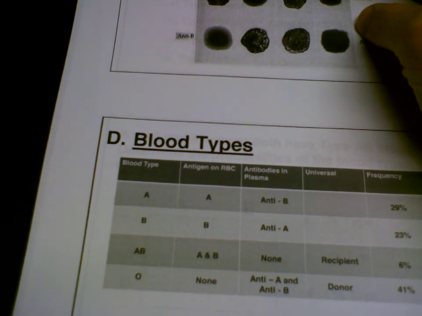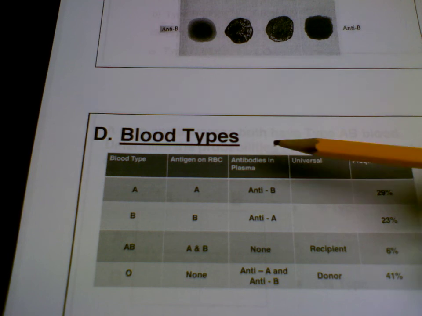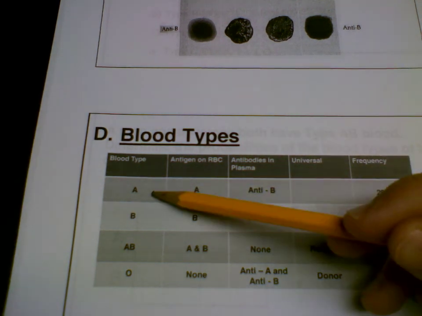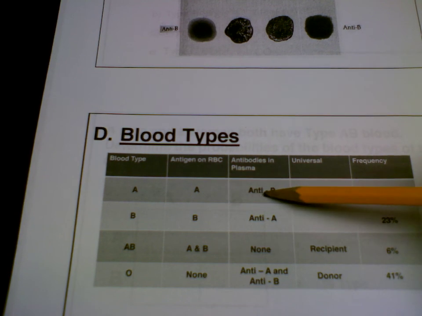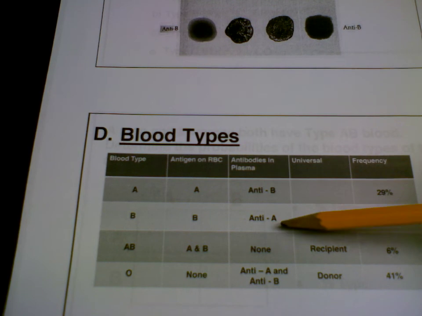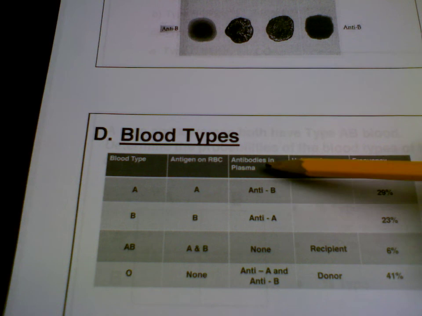All right, and this chart kind of shows all that. The most important thing I would say on this chart is, first off, if you have blood type A, you have A antigens, and the antibodies will be anti-B, because remember, the antibody is trying to fight off any foreign cells.